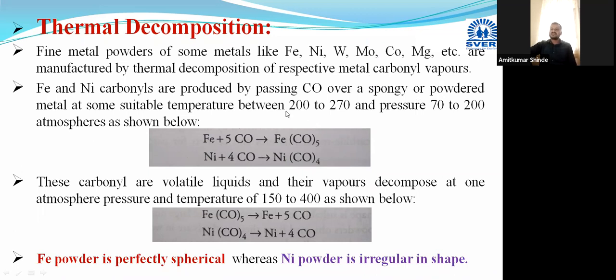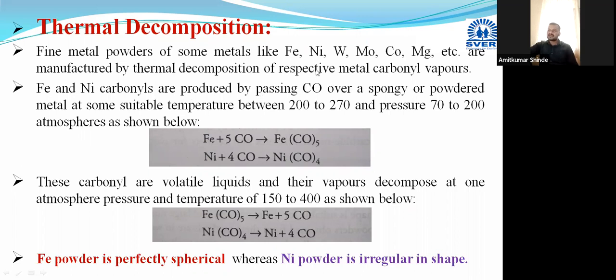Now initially, here I have taken two examples: manufacturing of iron powder and manufacturing of nickel powder. Suppose iron, initially consider only the iron reaction. Okay, then iron carbonyls are produced. How are the carbonyl compounds formed?